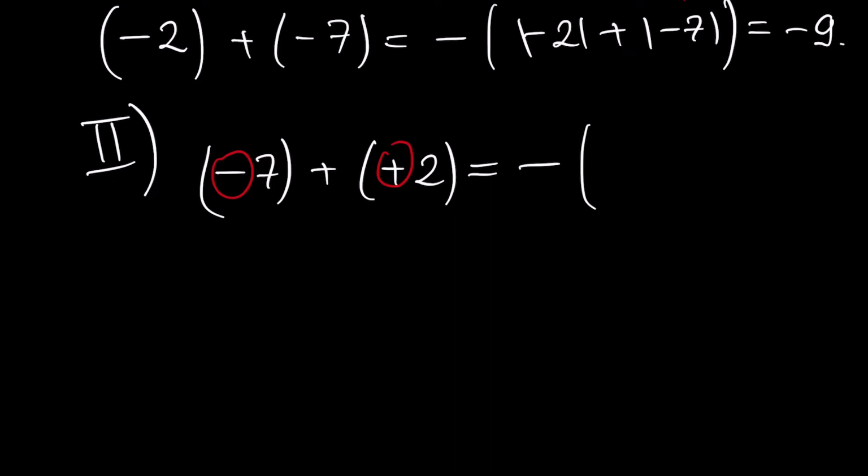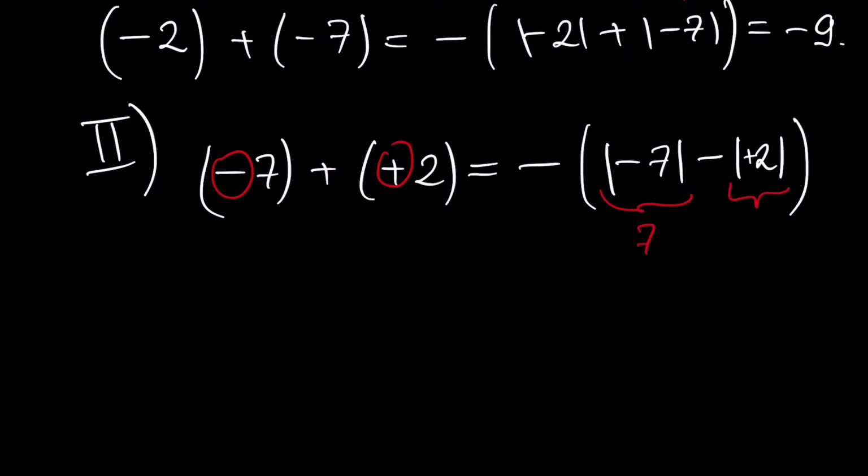The absolute value of minus 7 is 7 and the absolute value of plus 2 is 2, and this is minus 5.